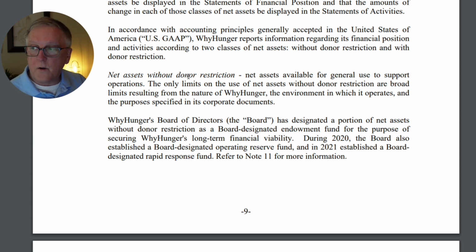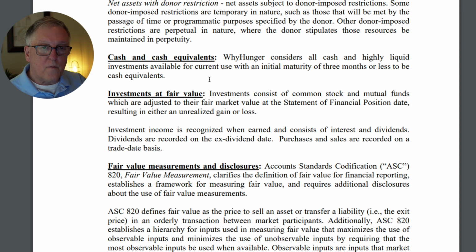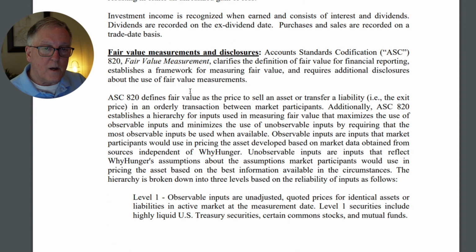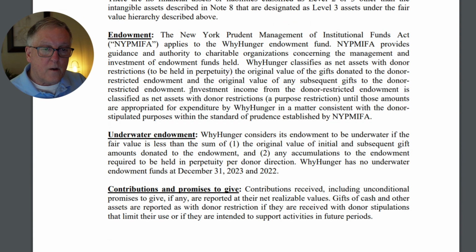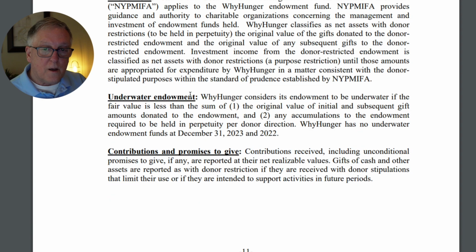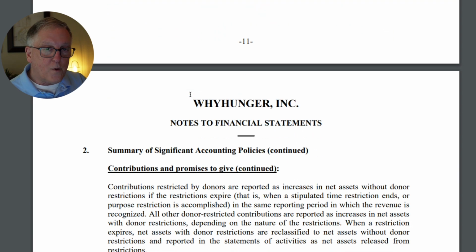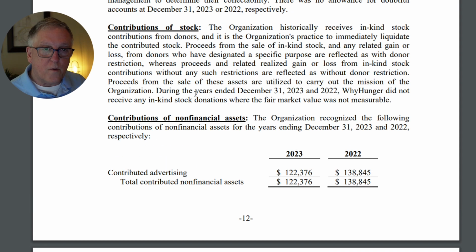For instance, they're explaining here net assets without donor restrictions. And then there's some more generic information about the main accounts like cash and investments. They talk about fair value measurements. And then here they've got an endowment. They disclose that. I won't get into the particulars here because I'm just trying to give you an overview.